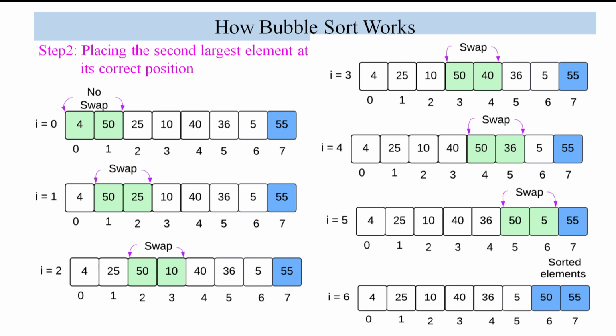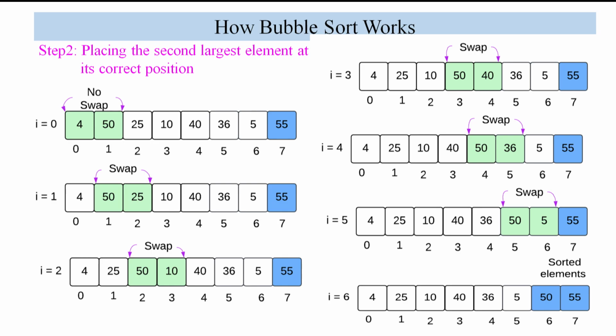In the next iteration, 50 will be compared with 10, and because 50 is greater, again swapping will be done, and so on. If we complete this pass, at the end we can see in the last figure, that is right bottom, that 50 is placed at its appropriate place.